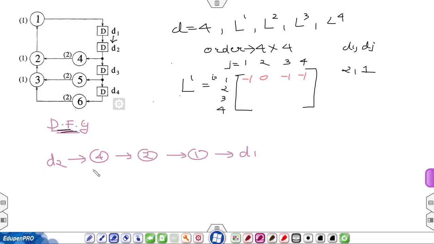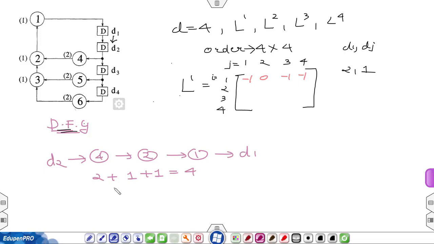So you have to add their computation time. Computation time is written in the bracket, that is 2 plus 1 plus 1. This is 4.